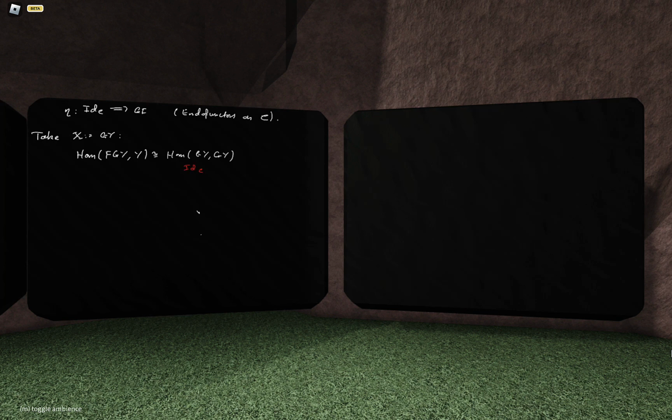And then there's the identity on GY inside this set, and this maps onto something. We're going to call this epsilon Y. And then we have a similar statement that the collection epsilon, which is all of the epsilon Y's ranging over all Y in D, is a natural transformation. And this goes from FG to the identity on D, right?